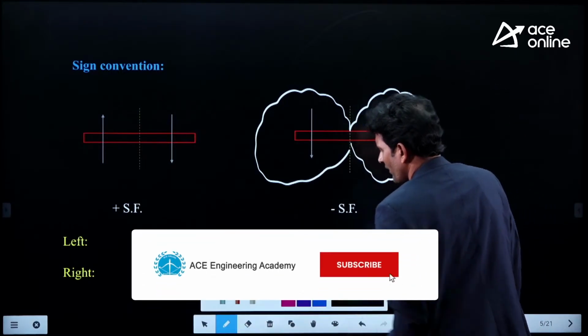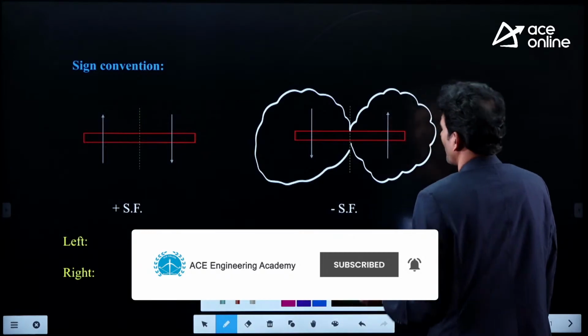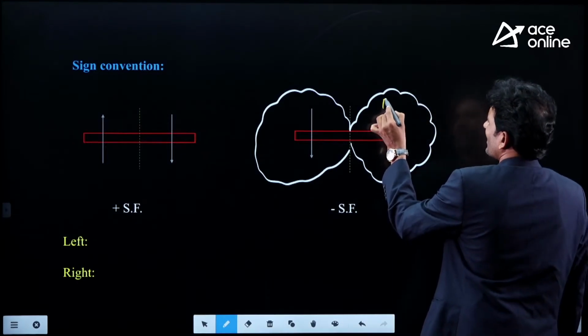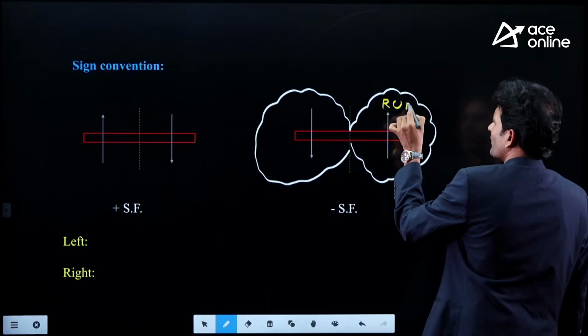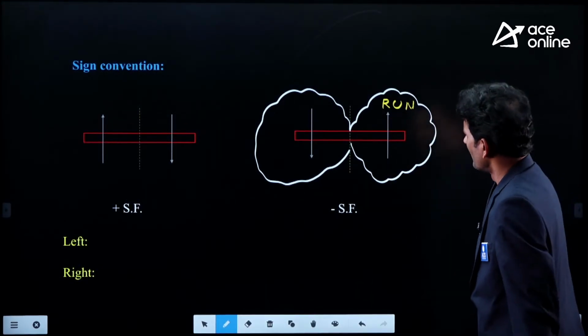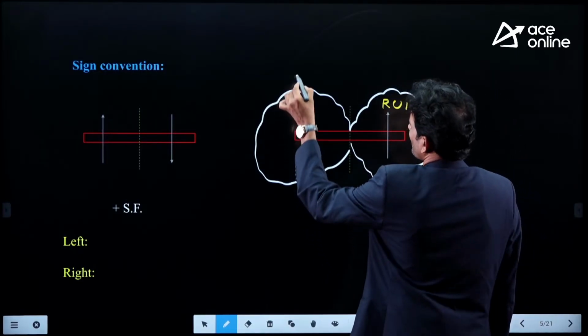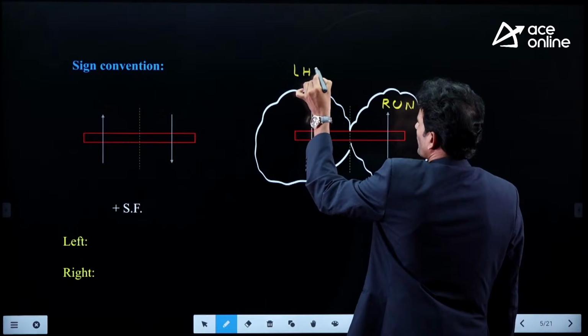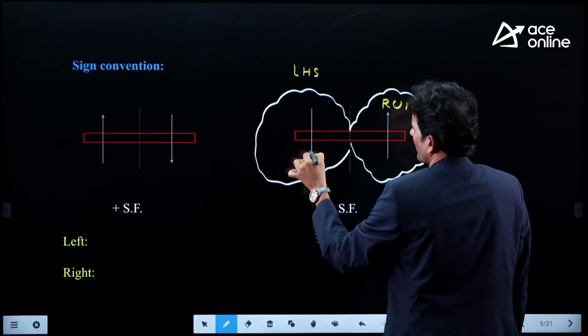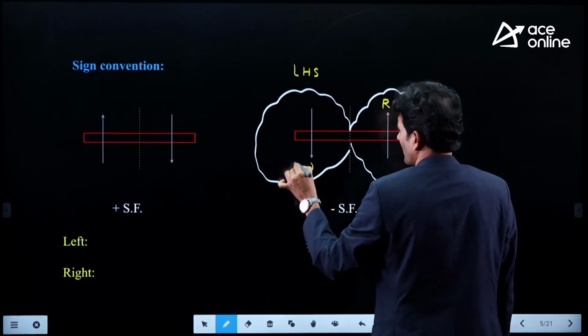Suppose we are observing the force in an upward direction on the right-hand side, I consider that upward force as a negative force. When I am considering the left-hand side forces, if you are observing your force acting in a downward direction, you can take it as a negative shear.